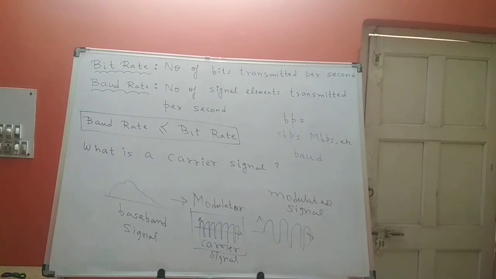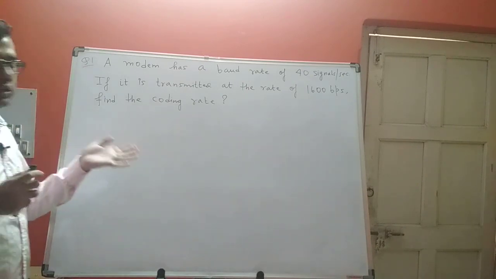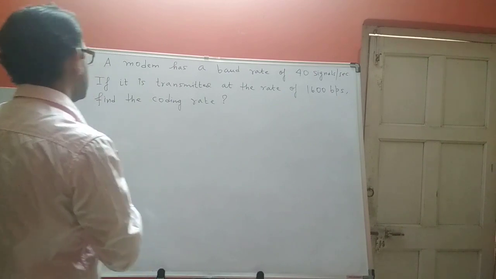Now what I'll do is I'll take up numericals on this topic. So what I would urge you to do is you first pause the video and copy down the question. So I hope you have copied down the question. Now you can probably read it for yourself, but I'll just sum up the information that has been given to me.